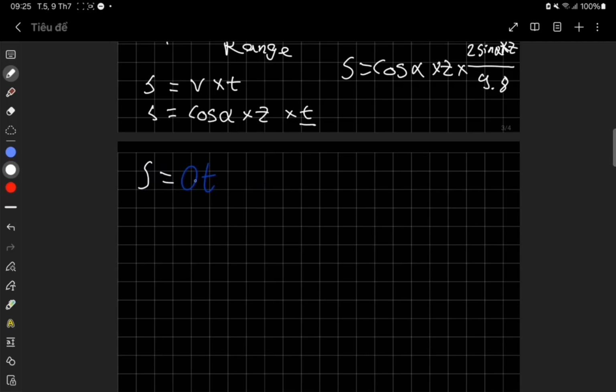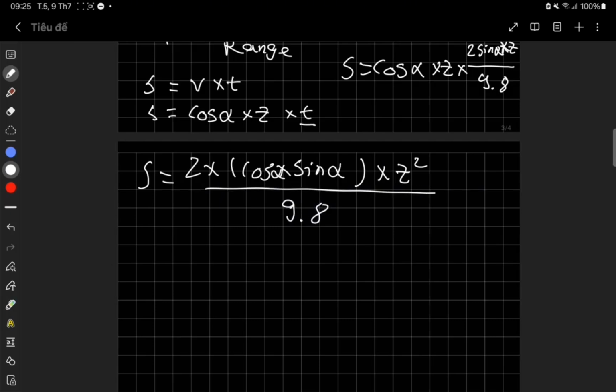So it will be this, and so this will be the range.